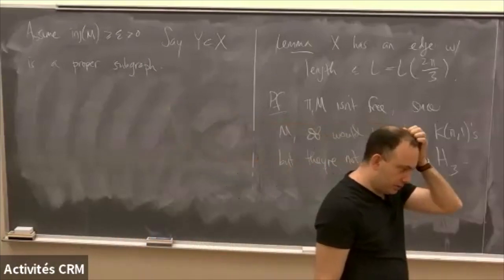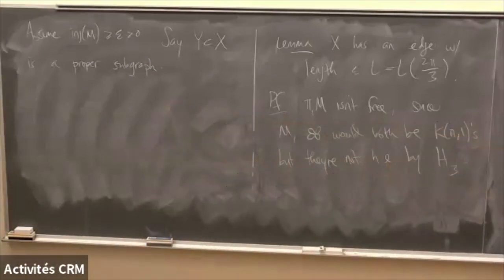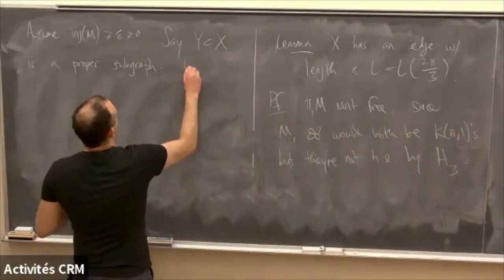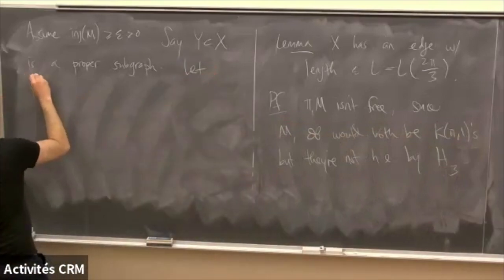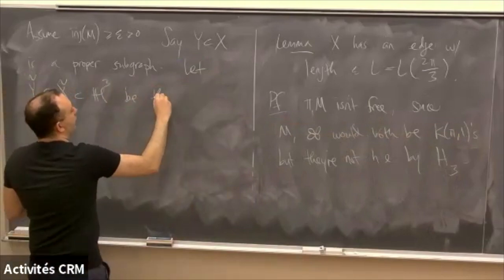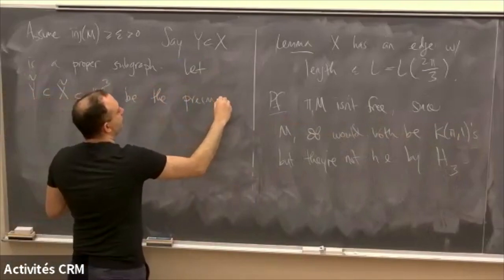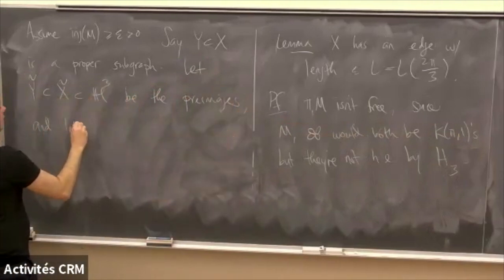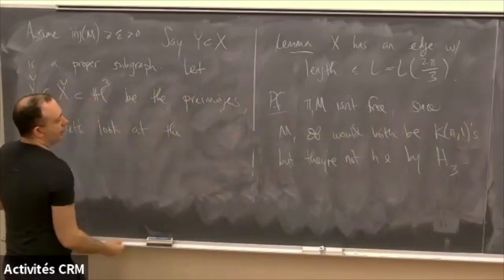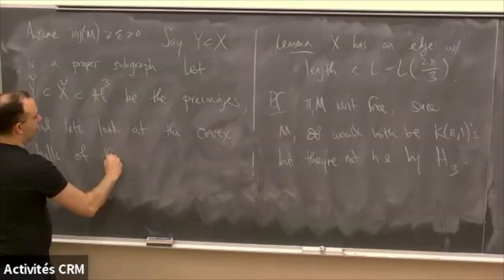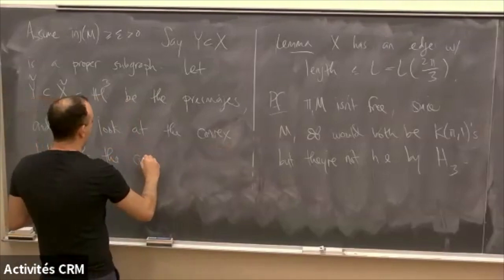So if we have this proper subgraph, let Ỹ inside of X̃ inside of H3 be the preimages, and let's look at the convex hulls of the components of Ỹ.